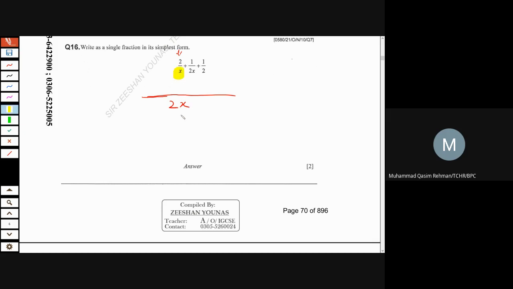This will be cancelled out with what? From the LCM. This x will be cancelled out with x. What are we left with? 2. This 2 will be multiplied with the numerator of the same fraction, which is 2. So 2 times 2 is 4.